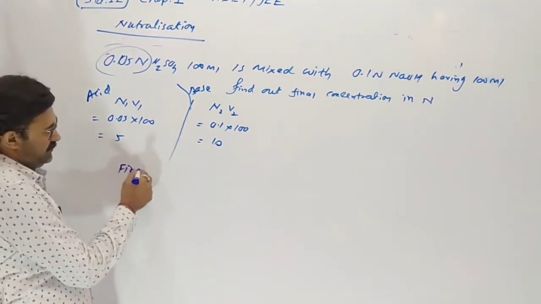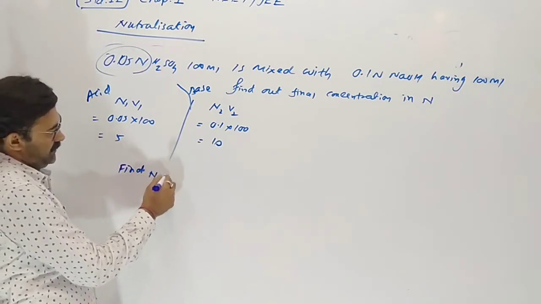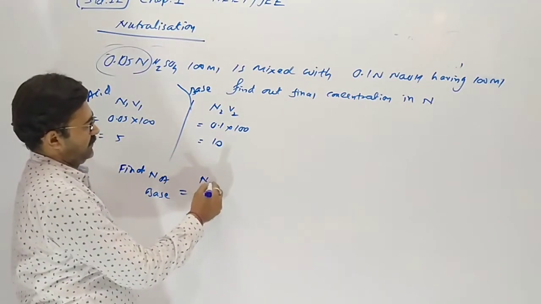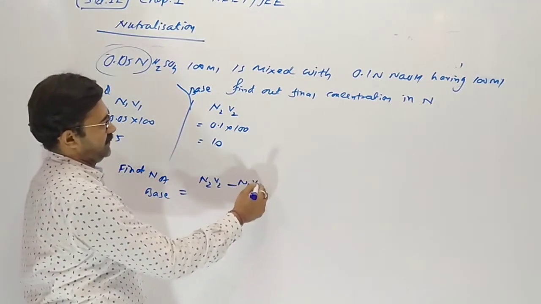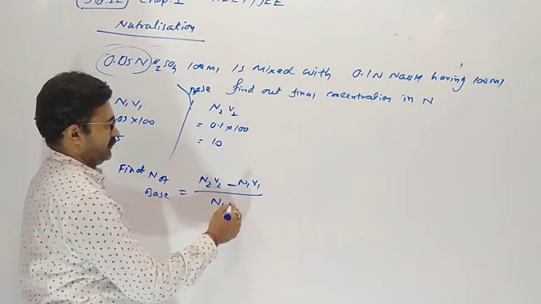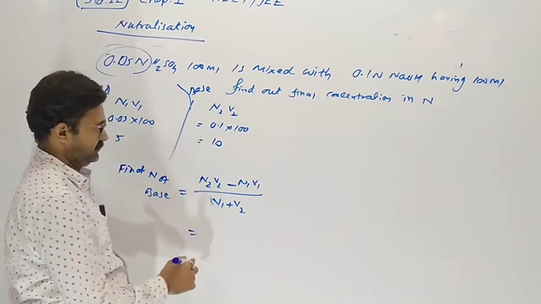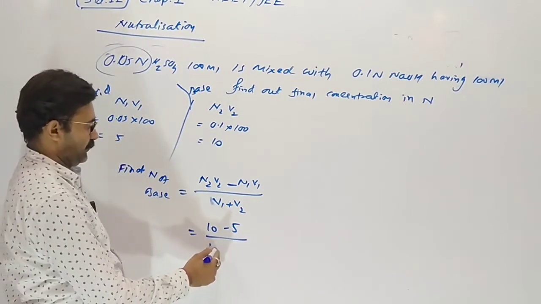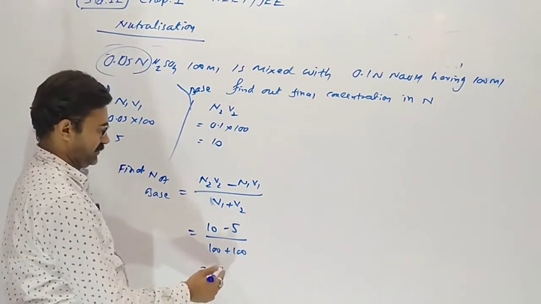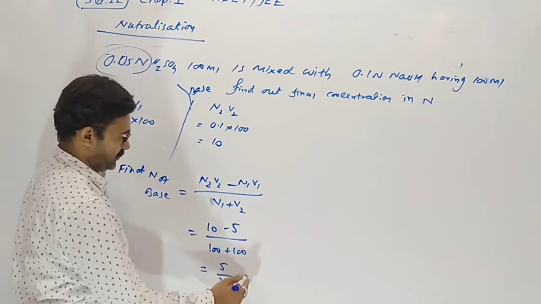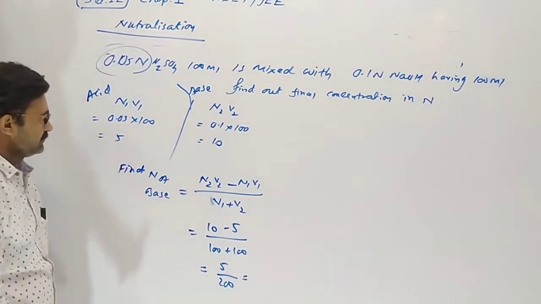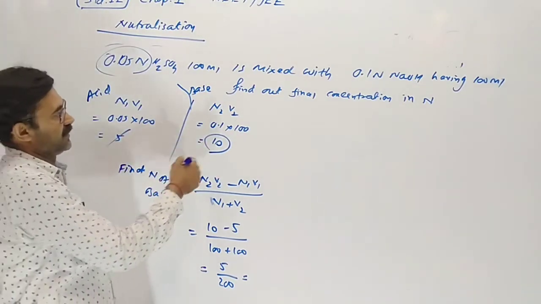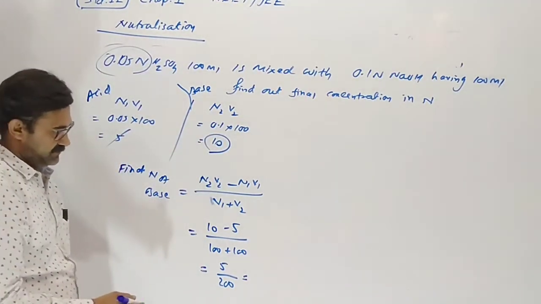So the final normality of base is N2V2 minus N1V1 upon V1 plus V2. So 10 minus 5 upon 100 plus 100, so 5 by 200. 10 is more, 5 is less; the acid will all be consumed and the remaining will be base.